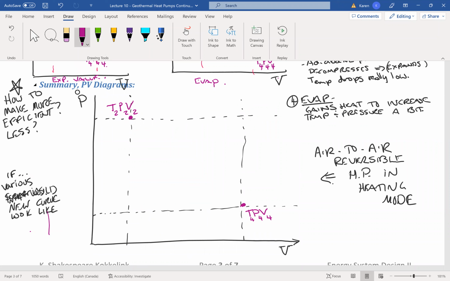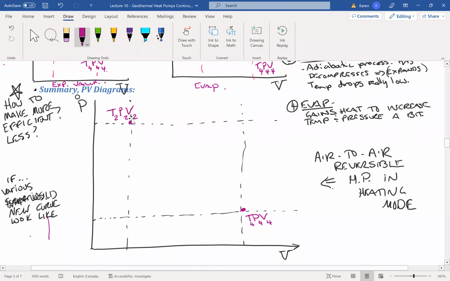But 0.2 and 0.4 were the ones that you had just gone into. What had you just gone into? You had just gone into the condenser and you had just come out of an expansion valve into the evaporator. So you just came out of a condenser at the top there and you said, all right, well, pressure doesn't change, but it changes a little bit.